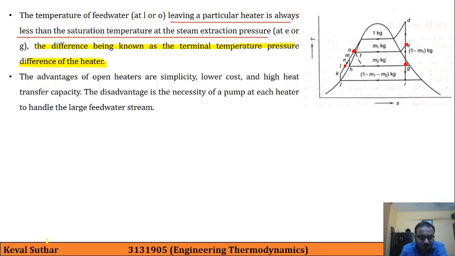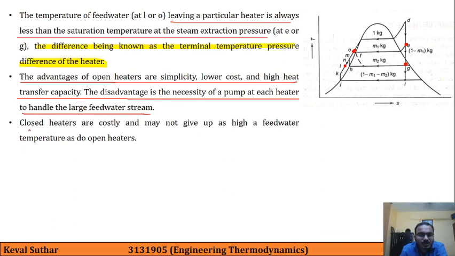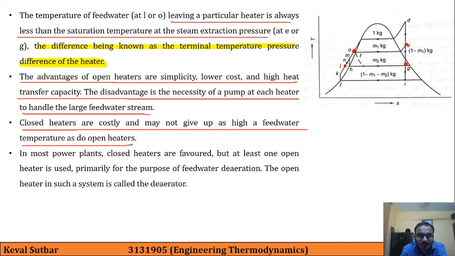Now the advantages of open heaters are simplicity, lower cost, and high heat transfer capacity. However, the disadvantage is the necessity of a pump at each heater to handle the large feed water stream. Closed heaters may be costly because of the arrangement and may not give as high a feed water temperature as open heaters do.